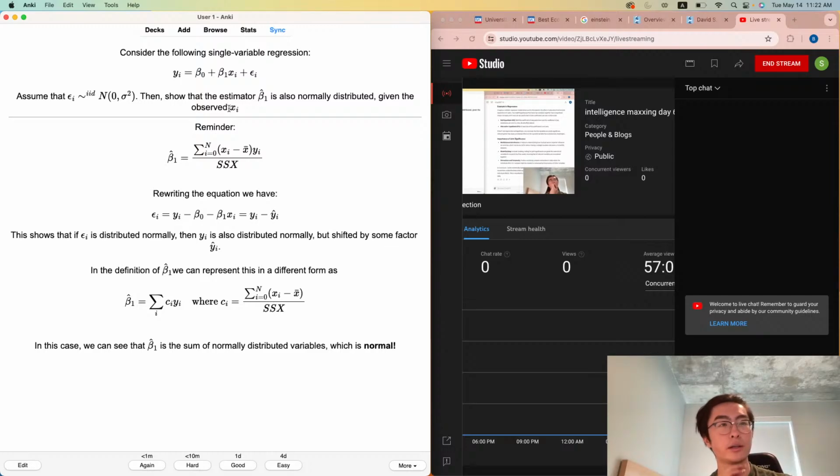So beta 1 is a sum of normally distributed random variables, which is normal.